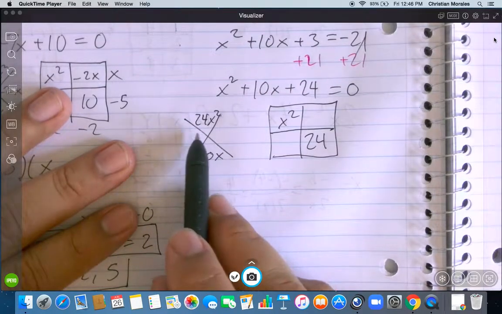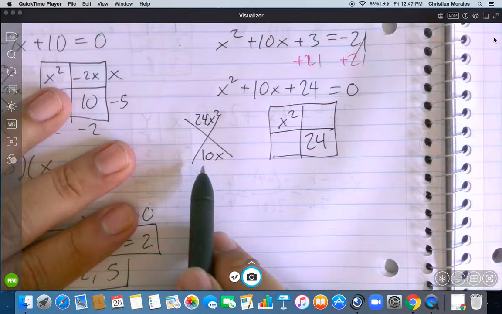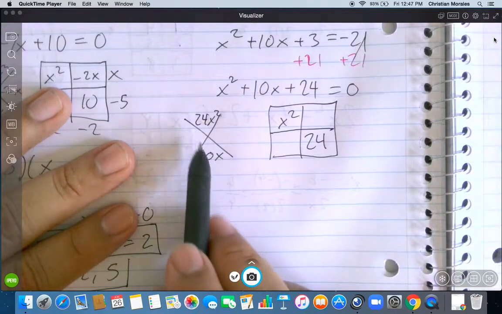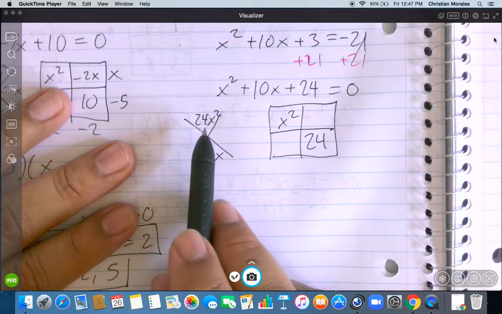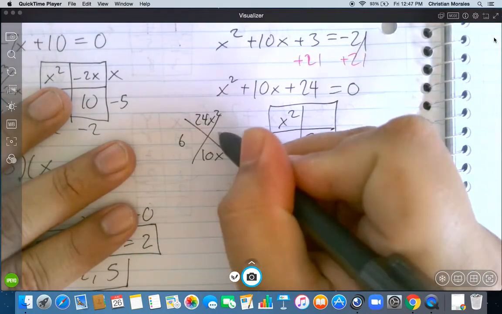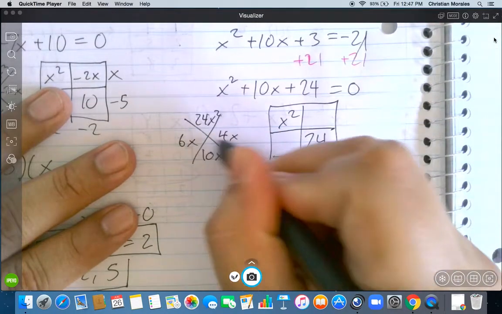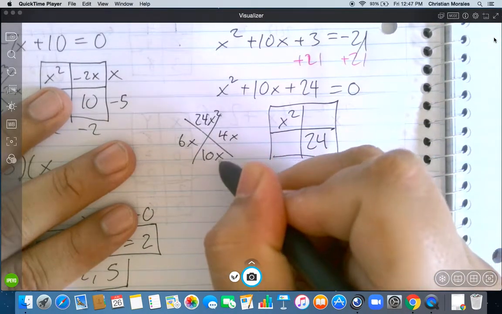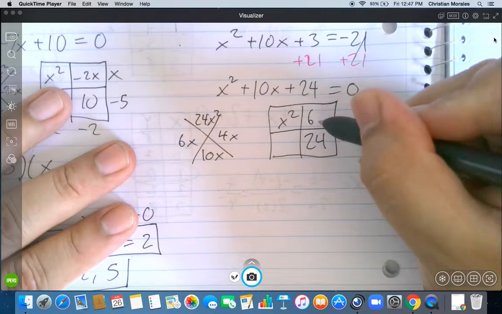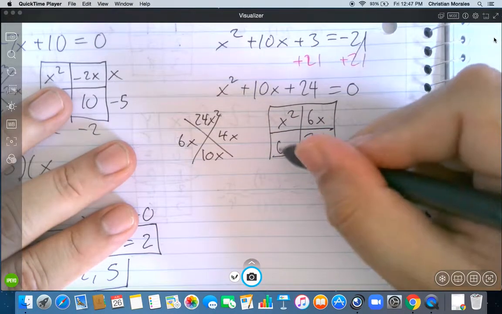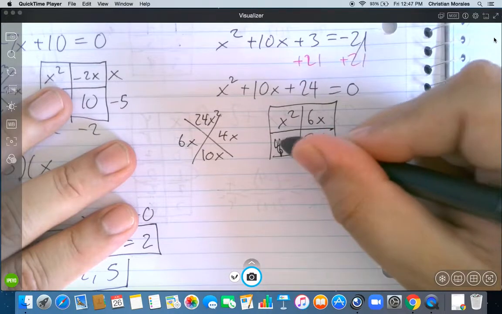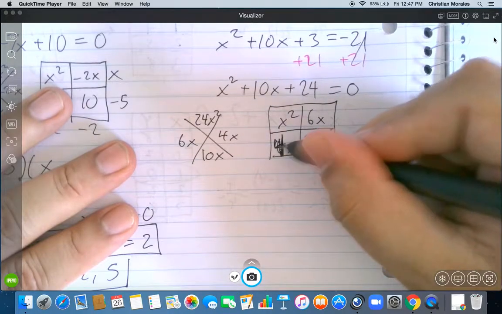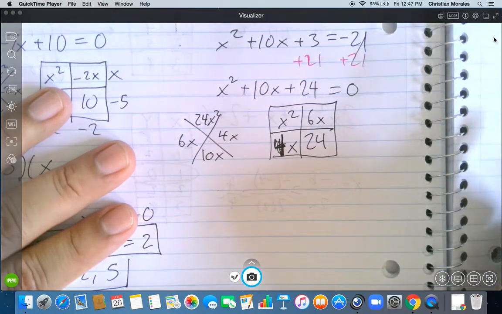So 2 times 12, but they're adding, so that would not make 10. 6 and 4. Those, if you multiply them, make that, and if you add them up, make that. So that's how you're going to split it up. You're going to split up 10x with 6x and 4x. All right, now factor.